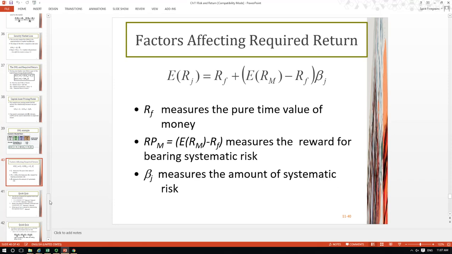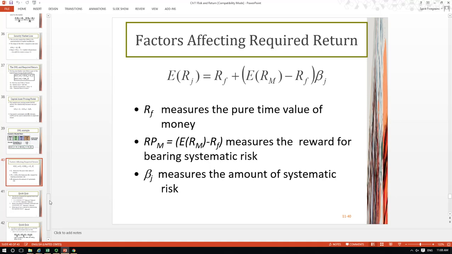And the second one is market risk premium, RPM, which is the difference between market return and risk-free rate. And this measures reward for bearing systematic risk. And this term depends on investors' risk preference. If investors on average are more aggressive in taking risk, then you will see a lower market risk premium.